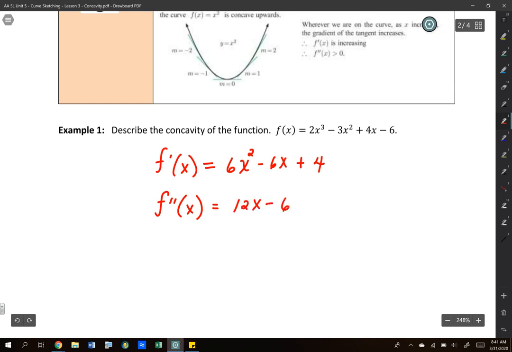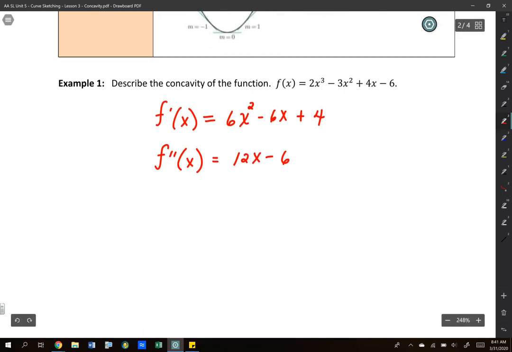Just like when we were using the first derivative to find intervals of increasing and decreasing, we would set it equal to 0. That's what we're going to do here. So we're going to take our second derivative and set it equal to 0. And I'm going to pull out a GCF. I'm going to set 2x minus 1 equal to 0.